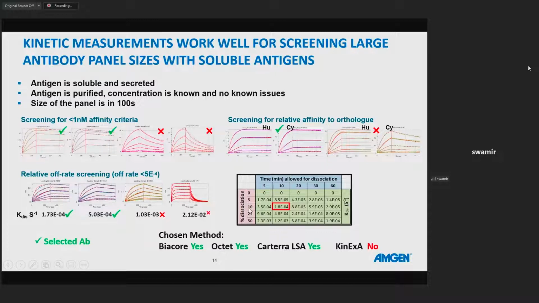To have 10% dissociation, anything better than 5 e to the power minus 4 would be screened easily by kinetic measurement instruments. For all these, we will not use KinExA because that is low throughput and it will take time to measure or screen.